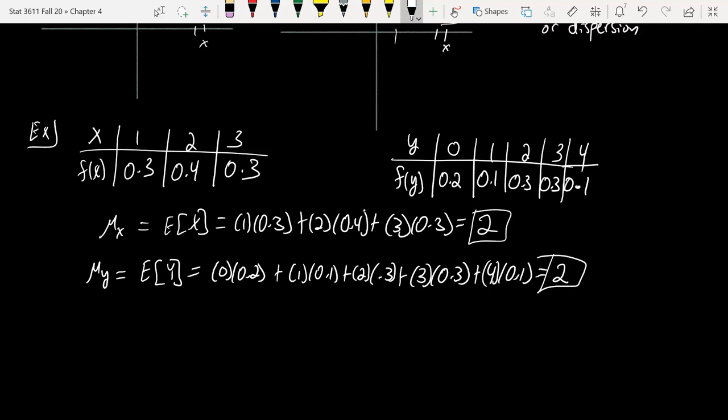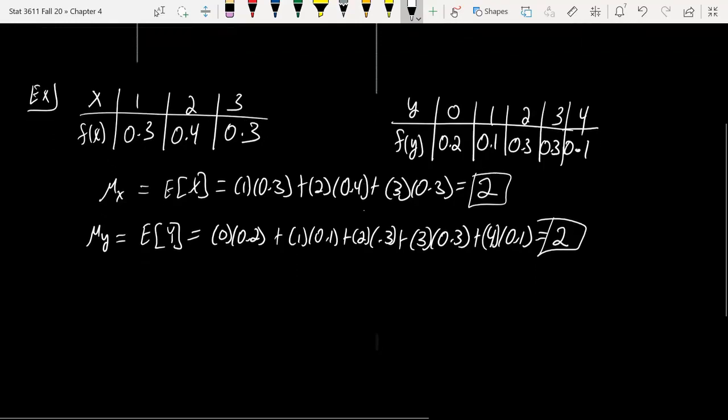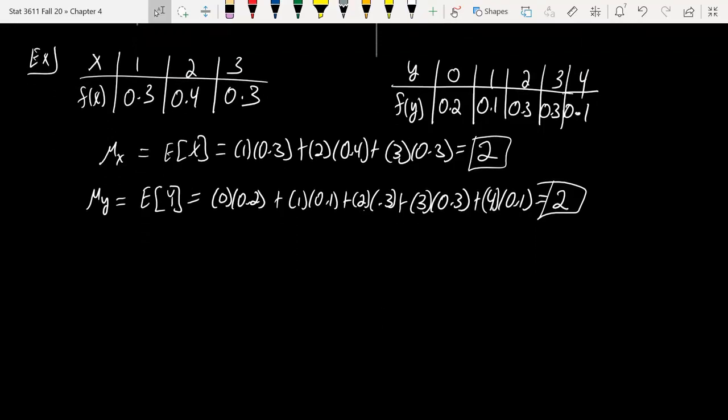Now, is there a way to quantify the spread? All right, let's think about this. Let me take x, for example. The mean is 2.